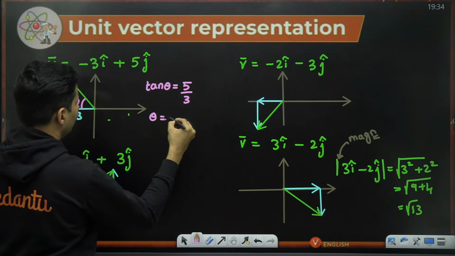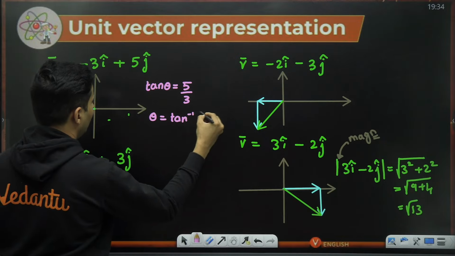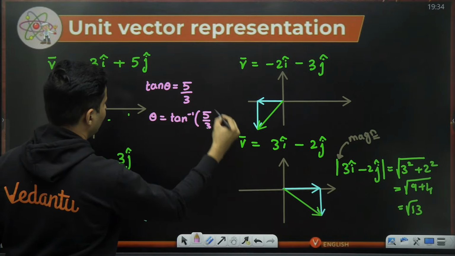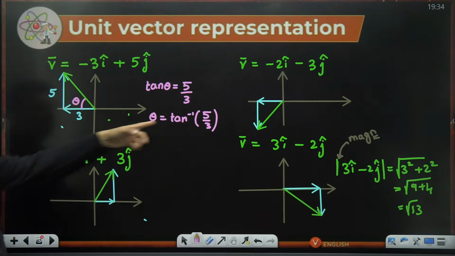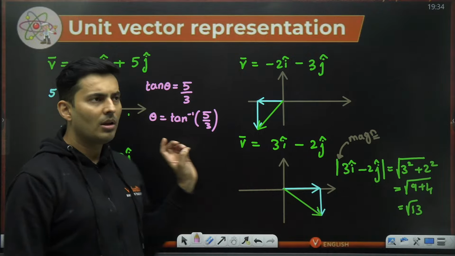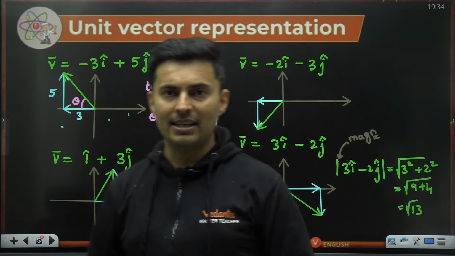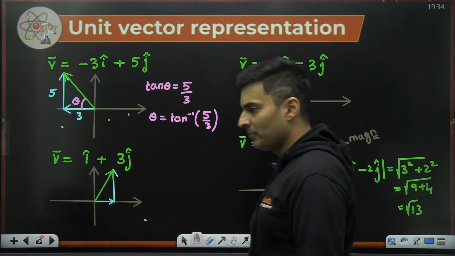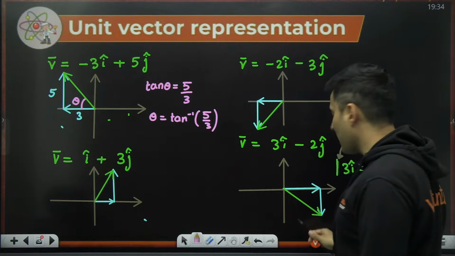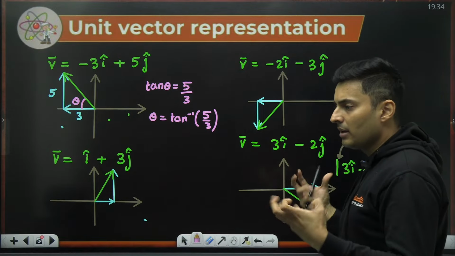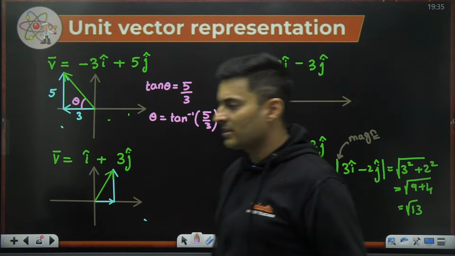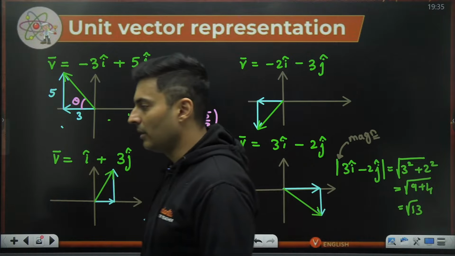So theta will be tan inverse of 5 by 3. That's it. So tan inverse of 5 by 3 is the angle made by the vector with the negative x-axis. Easily doable. So you can find angles, you can find magnitudes, you can get a feel of where the vector is, and a very easy way to write it down.